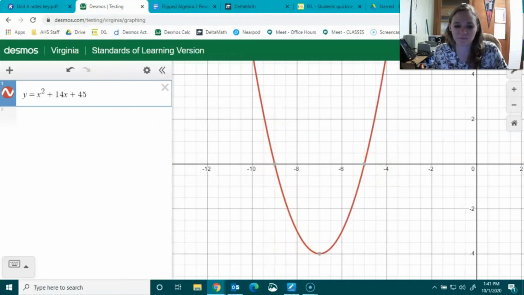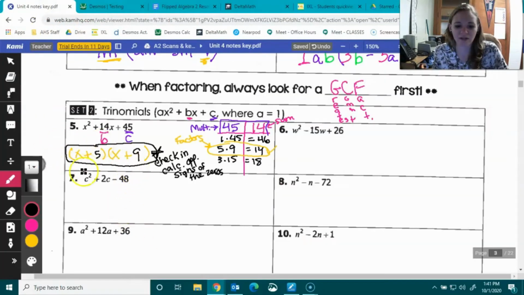Okay? All right. And then the next step that would come after this is if you're solving, and we're going to do this in the future. Just to remind you, because you probably saw this in Algebra 1, we say, okay, this equals 0, so what is x? To make this value 0, it would be -5, and what value of x would make this term a 0? -9.